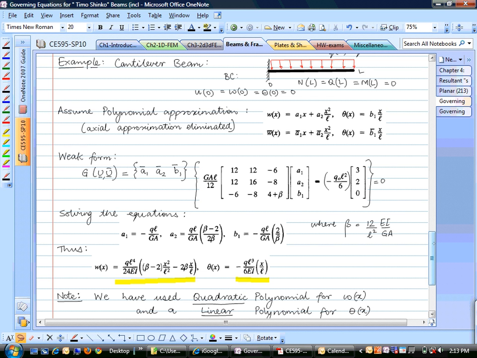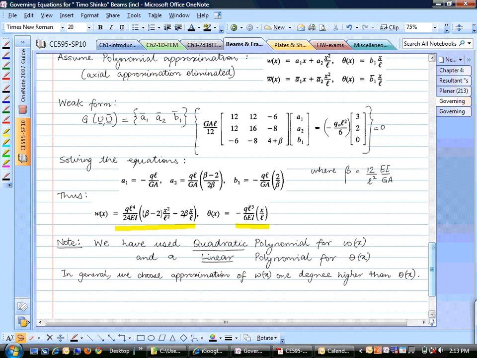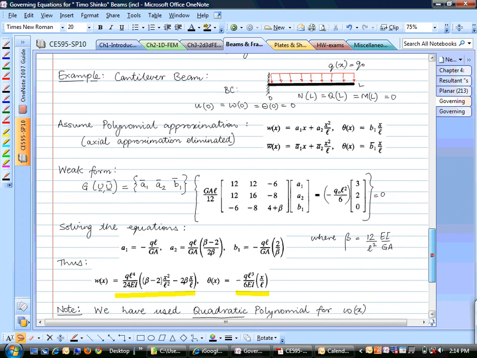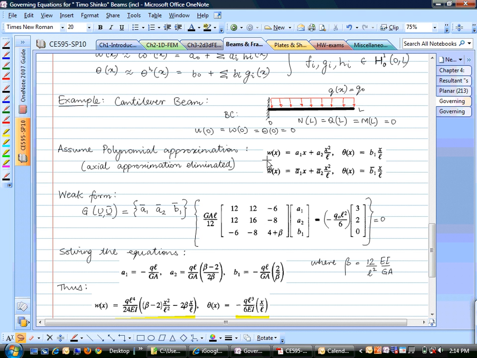And here's also a small note that you should keep in mind. We have used a quadratic polynomial for w and 1 degree less for theta. People have tried these things before, and what they observed was that when you choose your approximations in this way, that the approximation for w is 1 order higher than the approximation for theta, then you get good results.